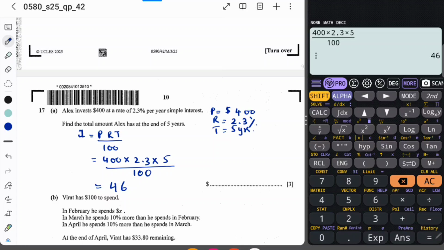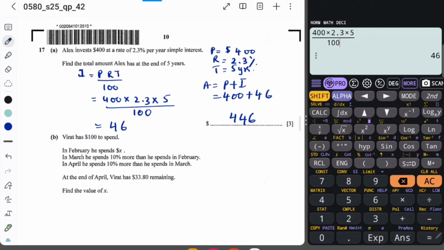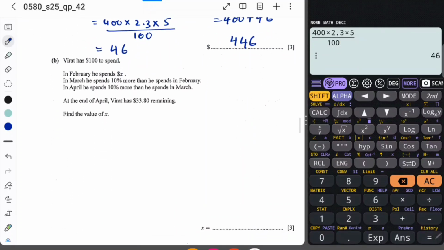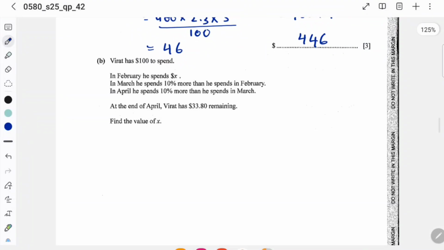So the total amount is equal to principal plus interest. Principal was 400 and the interest is 46, so 446 is the answer for this question, and it was a 3 marks question. All right, now the next one, in this question, is a little logical, so you'll have to understand this one.